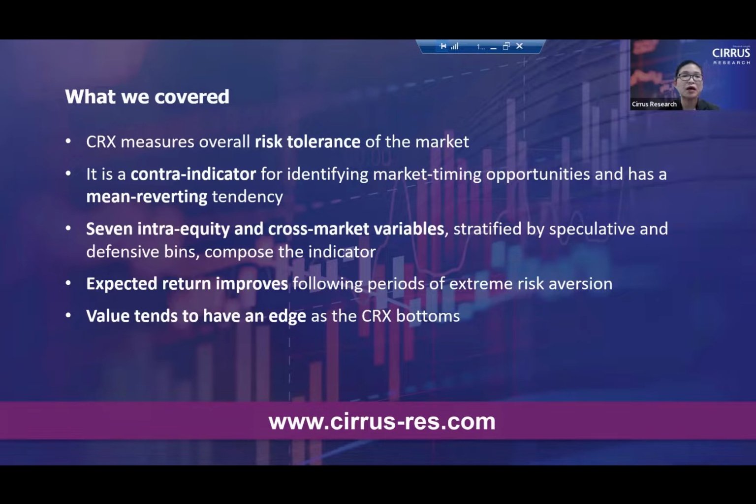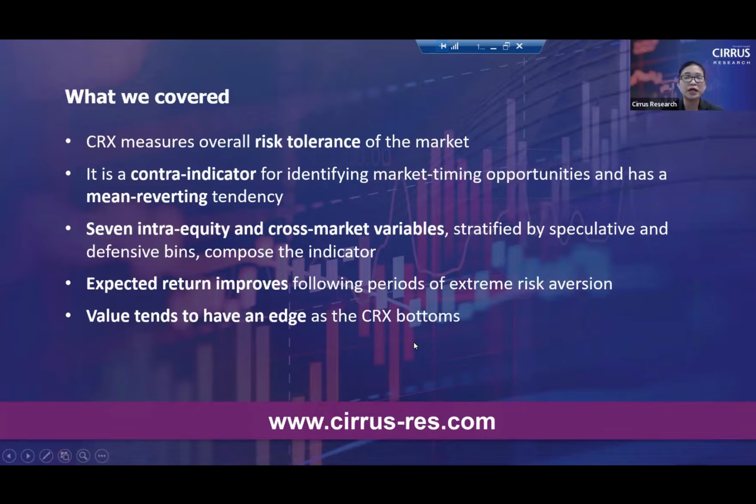And how do we build this? We used 7 intra-equity and cross-market variables, and we stratified them by speculative and defensive bins. And out comes a score, which helps us to track the risk appetite of the market.